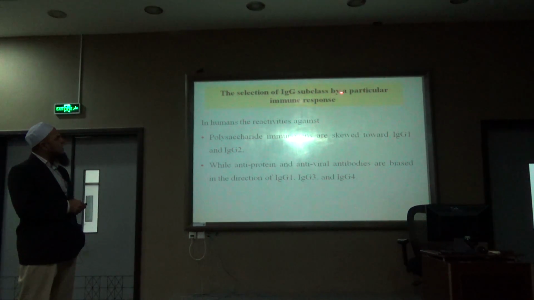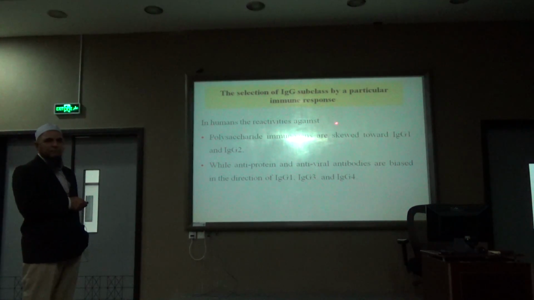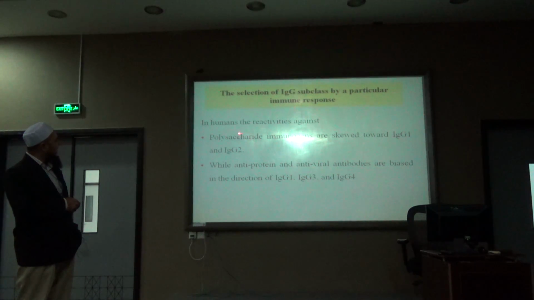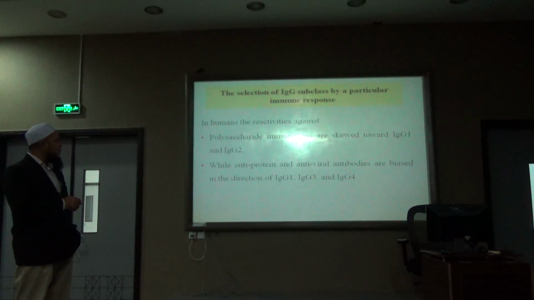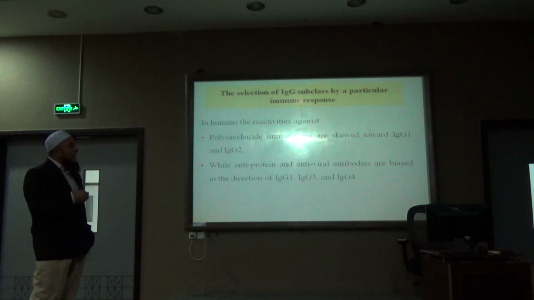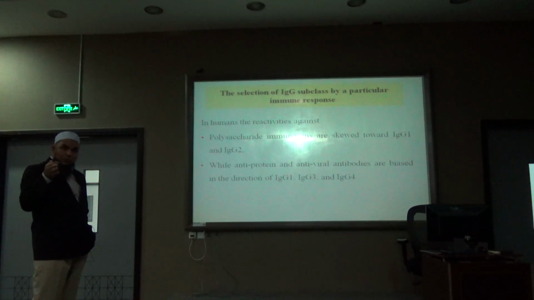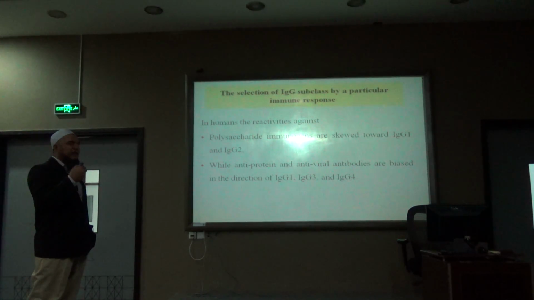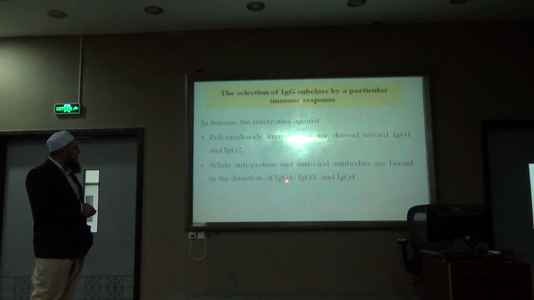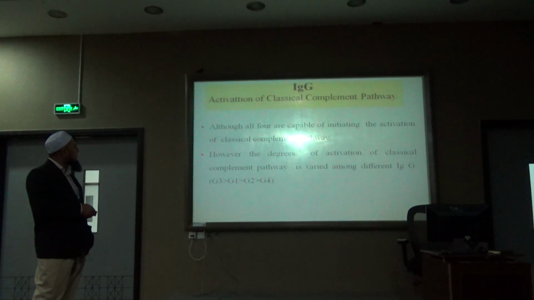So selection of the IgG subclass by particular immune cells depends upon the human, depending upon their activities against the polysaccharides which are present. They are immunogens and they are skewed towards IgG and IgM. Some of them are more in IgG1, some of them more in IgG2, and depending upon their function there are different types, IgG1, IgG3, IgG4.